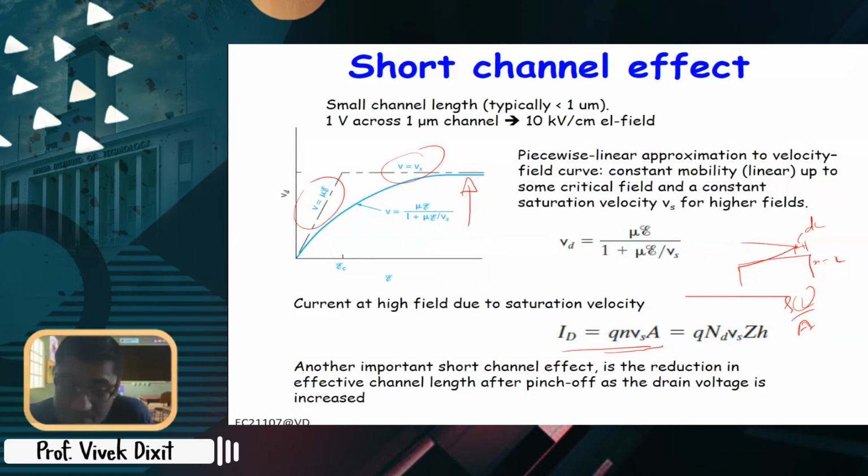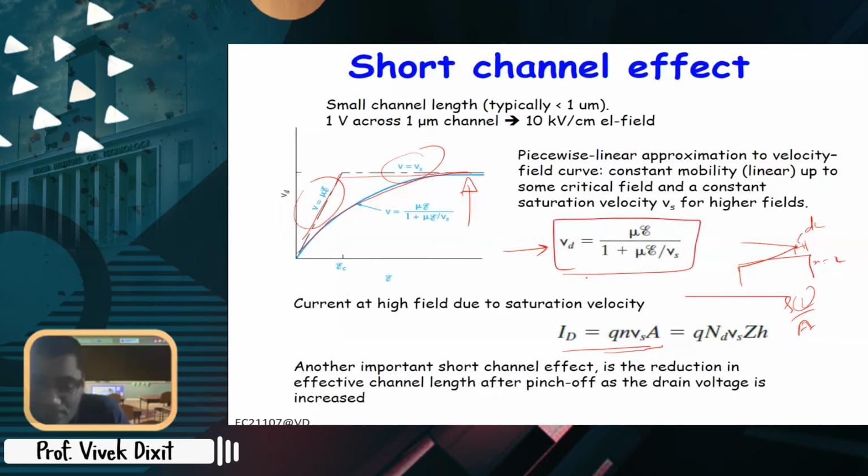So what is done basically, instead of using V equal to mu E, a more generalized expression is used. V equal to mu E by 1 plus mu E by Vs. So instead of having a discontinuity here, as you see in piecewise linear model, we have a more smooth curve here. So typically this kind of parameter is used to calculate the drift velocity.